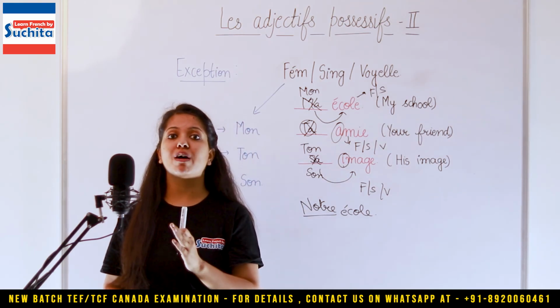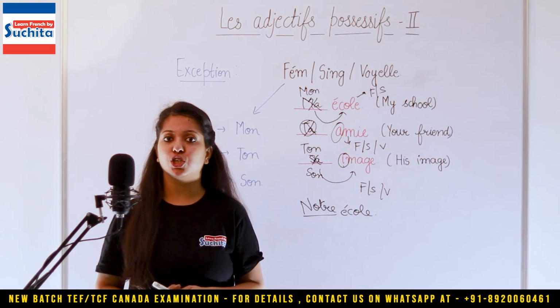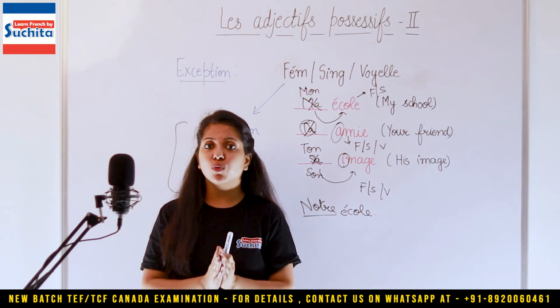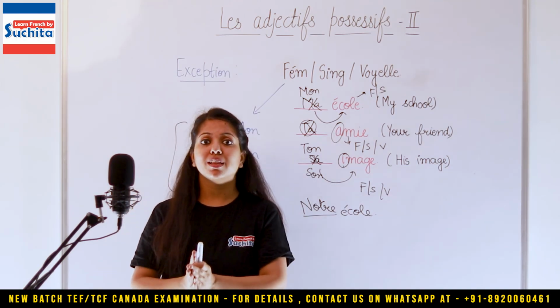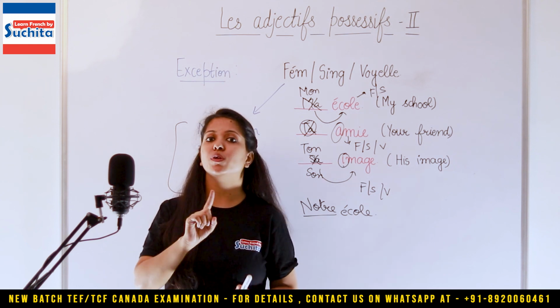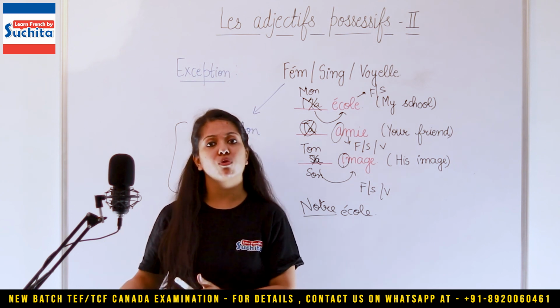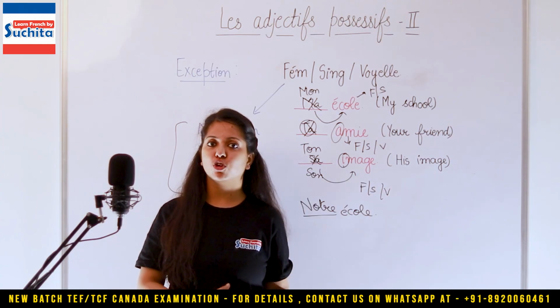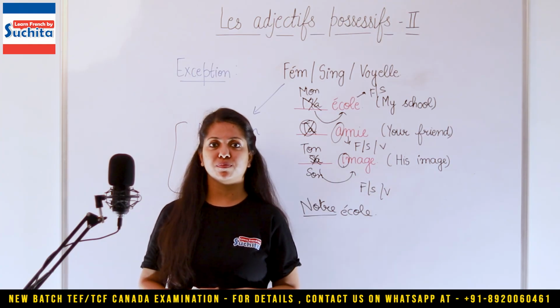In the category of vowel, you also include the mute h. So if any word that is feminine singular begins with an H, that is also counted in that category. You will not say ma, you will say mon, ta, ton, and instead of sa, you will use son.